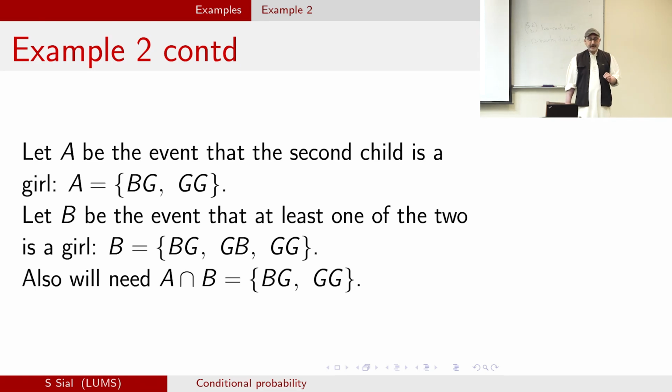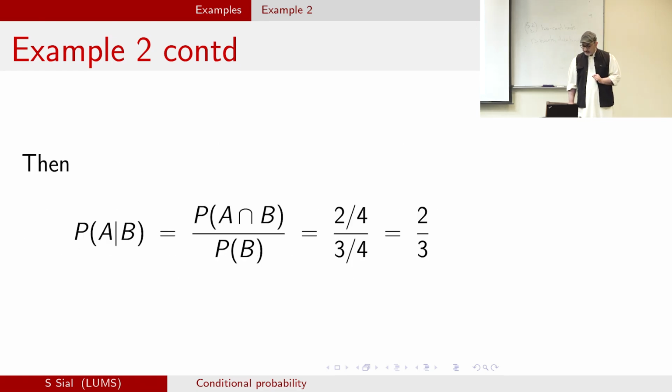The probability of A given B is the probability of A intersection B divided by the probability of B. That's the definition of conditional probability. We found the probability of A intersection B was 2 out of 4, and the probability of B was 3 out of 4. So we get 2 out of 3.